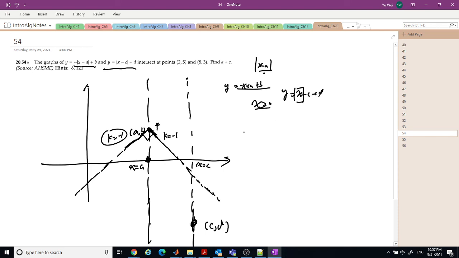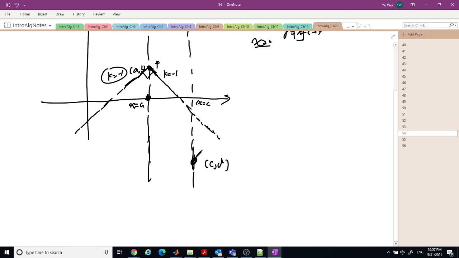So you can see it's a positive 1, k equals 1. So they also construct this, and also here is another one. So now we constructed a, b and c, d here, and also we constructed these 2 points.